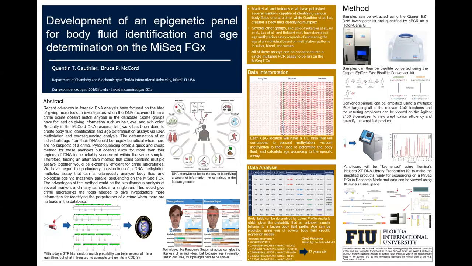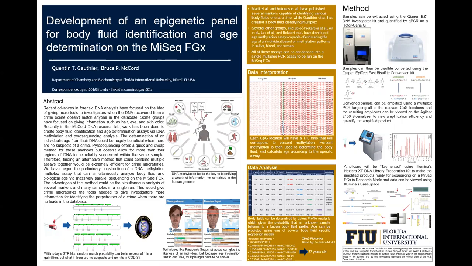Once we have identified the regions of DNA that we're going to be looking at, and this is based primarily off of the body fluid and age markers that were developed in our lab, as well as the age markers that were developed in our collaborators' labs around the world, we're going to be able to amplify them in a single multiplex reaction with absolutely no markers on our primers.